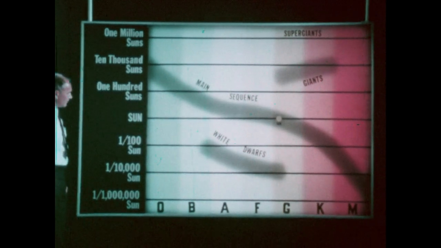The color ranges from the hottest type O stars, which are blue, through the various colors to the coolest type M stars, which are red. The vertical scale shows brightness in terms of the sun, from 1/1,000,000th the sun's brightness to 1,000,000 times the sun's brightness.